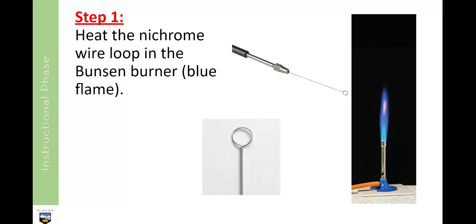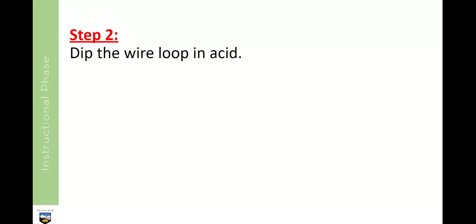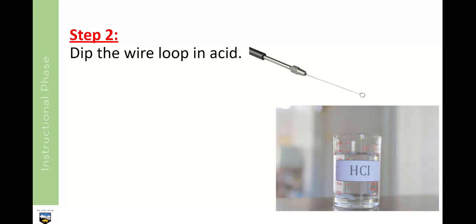Step two, and that's what the end of the wire loop looks like, nichrome wire loop. Step two, dip the wire loop in acid. And remember, we've said that that is done to remove any contamination from the loop. It also helps pick up the sample that you're testing.